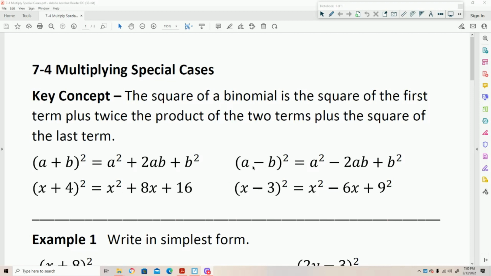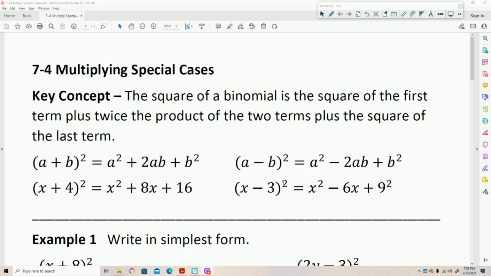If we have the difference of two terms and we square it, it changes the sign. It changes this first sign. The last sign stays positive because you're squaring that. But this sign right here becomes a negative instead of a positive. So still we have the square of the first and last terms and 2 times a times b.